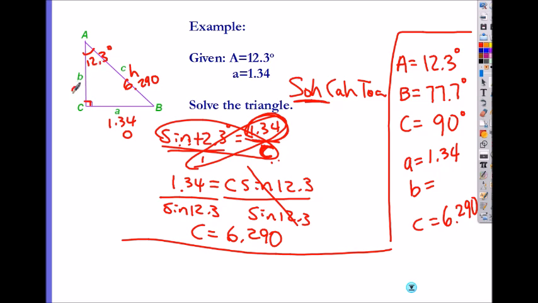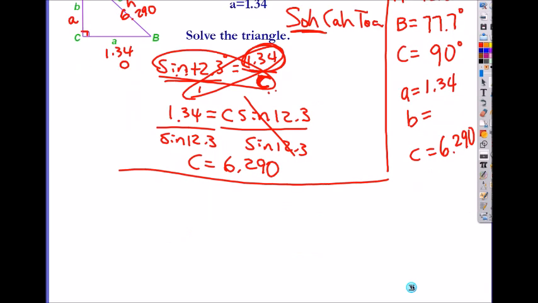So then this is adjacent. If you set another ratio, it will be with O and A, which goes with what? Tangent. So tangent of 12.3 equals opposite 1.34 over adjacent, which is b. Again, whenever you have a variable in the denominator, you can just flip these two.